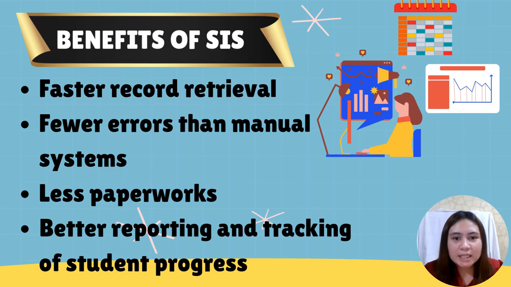Teachers and parents can easily monitor attendance, academic performance, and overall student development through generated reports. One example is that instead of searching through cabinets full of documents, as we do every now and then, teachers can instantly view a student's grades and attendance using the SIS. This makes school management faster, easier, and more efficient in just one click.